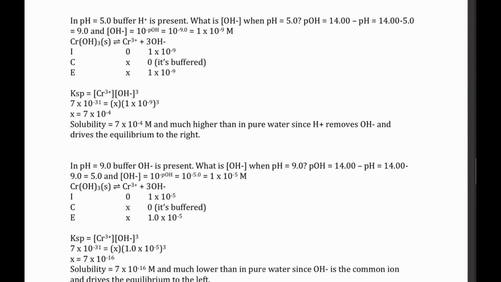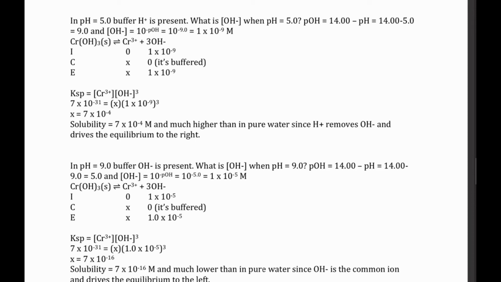and it's much higher than in pure water since the H plus present is removing OH minus, and it drives the equilibrium to the right. That is to say, if the pH is 5, then that buffer is primarily hydronium ions, not hydroxide ions.